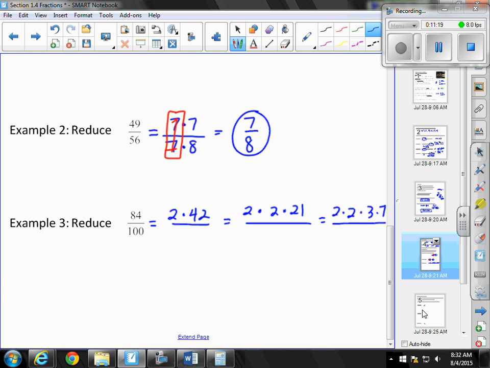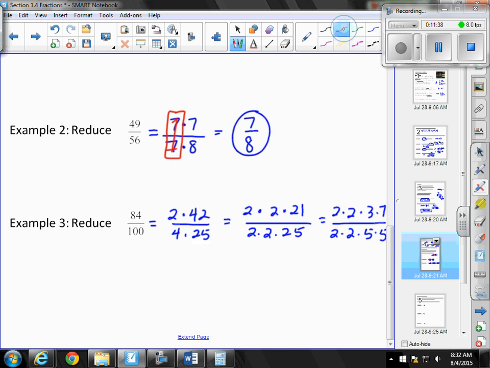So there's my prime factorization for 84. 100 is 4 times 25, and 4 is 2 times 2, and 25 I can rewrite as 5 times 5.